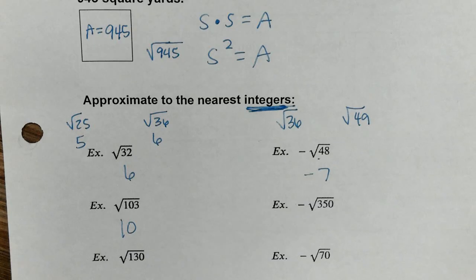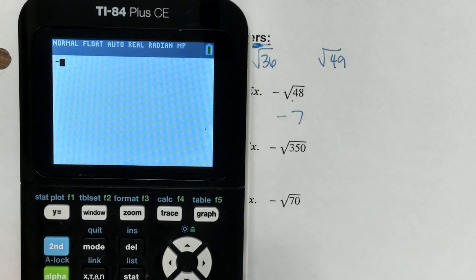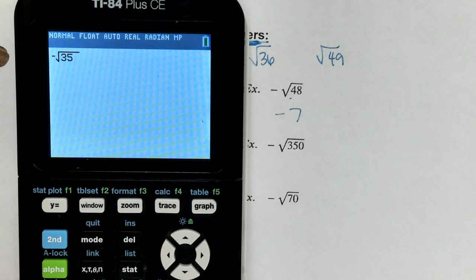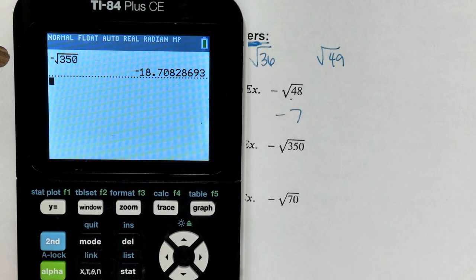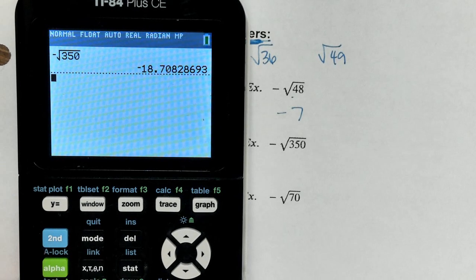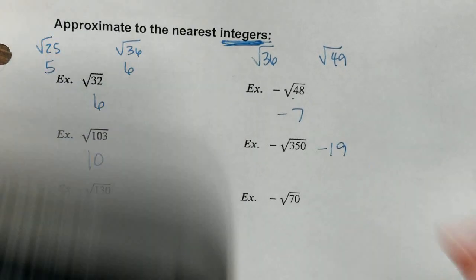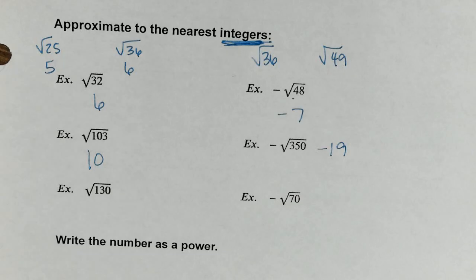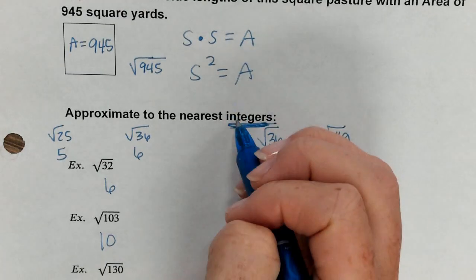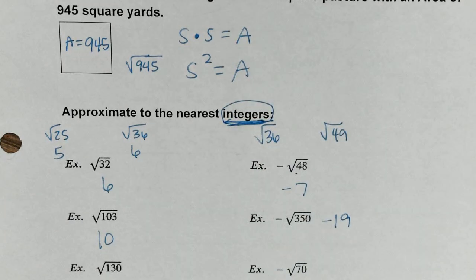To the nearest integer, nearest whole number. What's the negative square root of 350? All right, so what's it closer to, negative 18 or negative 19? Negative 19. All right, y'all got that part? Just use your calculator, but you must round to the nearest if it asks you to.